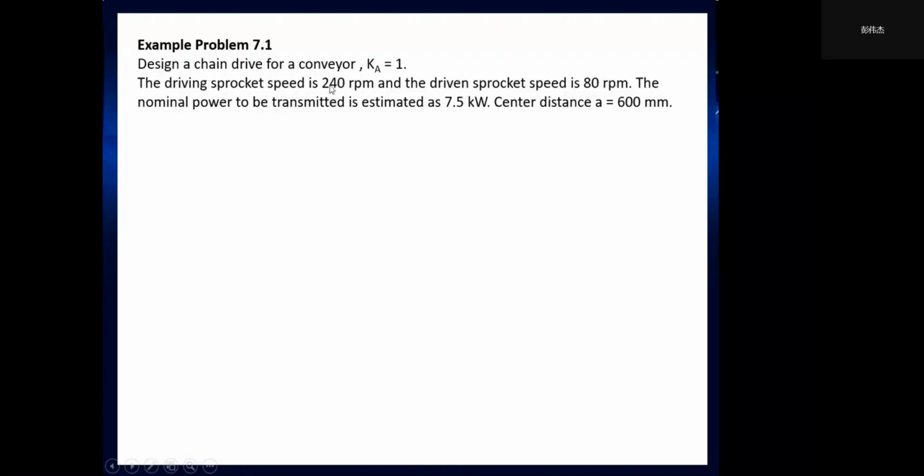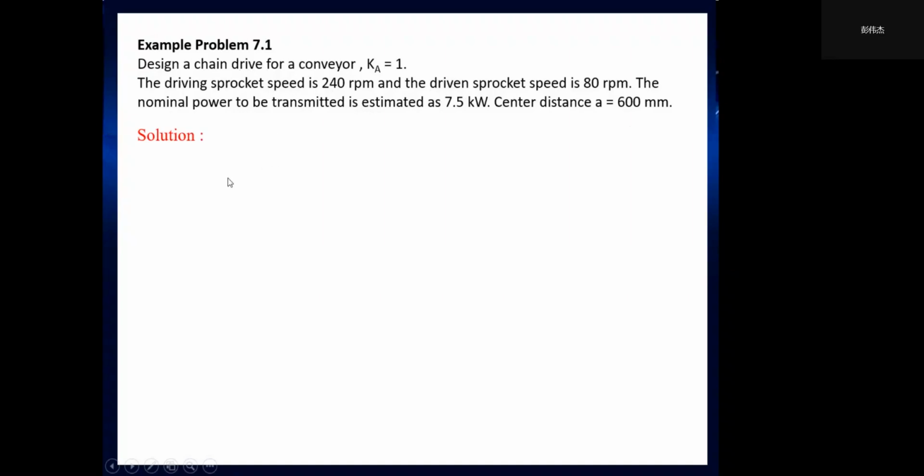Then we can calculate the speed ratio from the driving sprocket speed and the driven sprocket speed. And the nominal power to be transmitted P is 7.5 kilowatts, and center distance A is 600 millimeter. And then given these conditions, we need to design a chain drive.